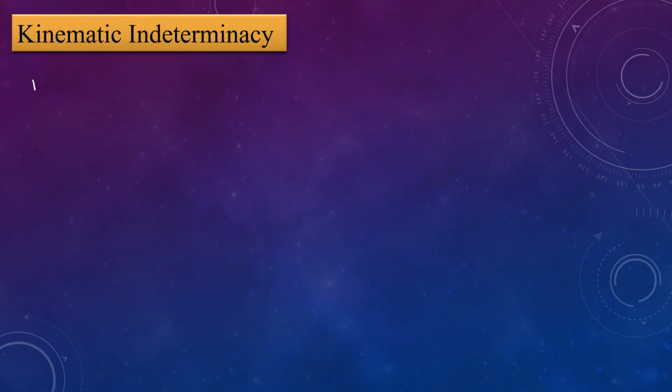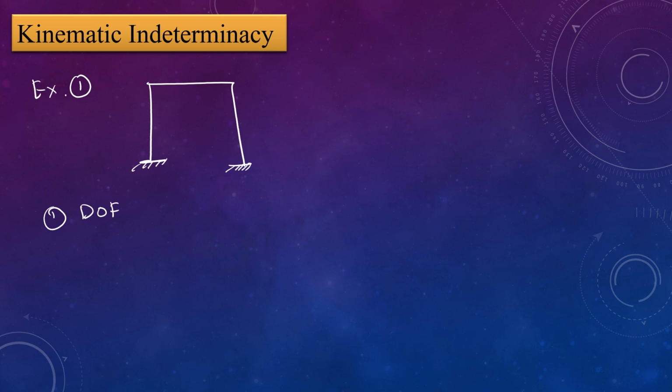Here we see the example of kinematic indeterminacy. First example: this is a rigid frame with fixed supports. First we solve with the help of the degree of freedom. The degree of freedom for a fixed support is 0.